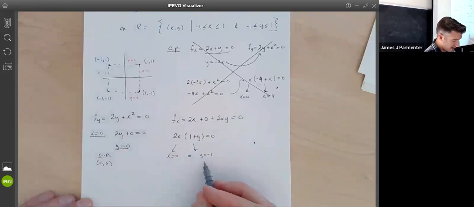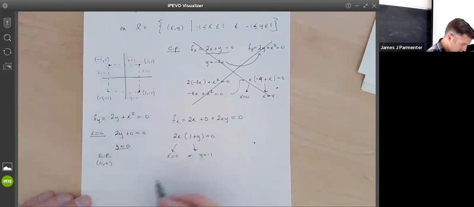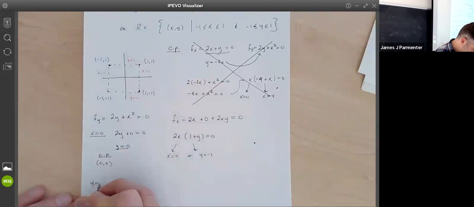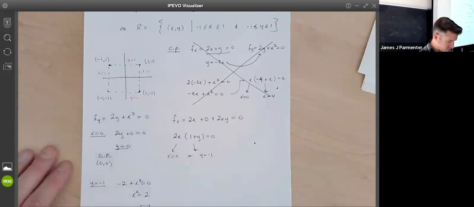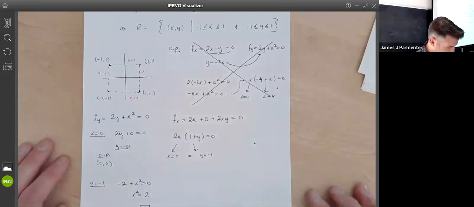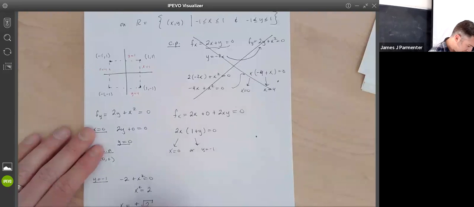And then if I plug in y equal to -1, I'm going to get -2 plus x squared equal to 0, which gives x squared equal to 2, so x equal to plus or minus the square root of 2. This will give me the points (√2, -1) and (-√2, -1).